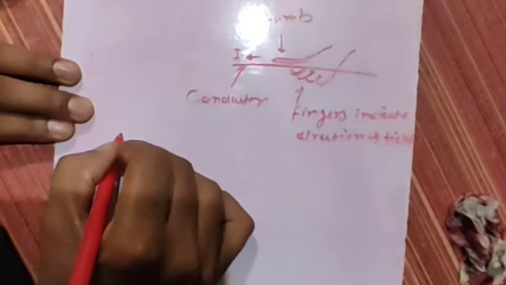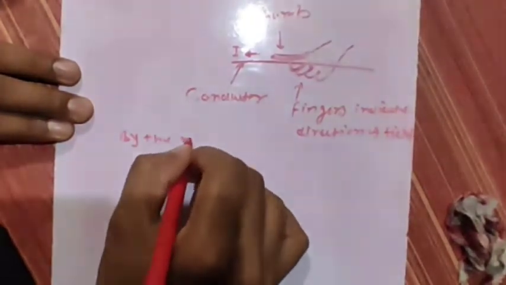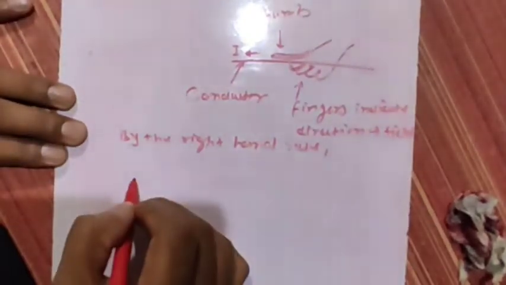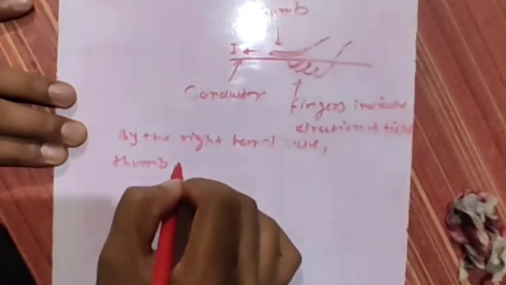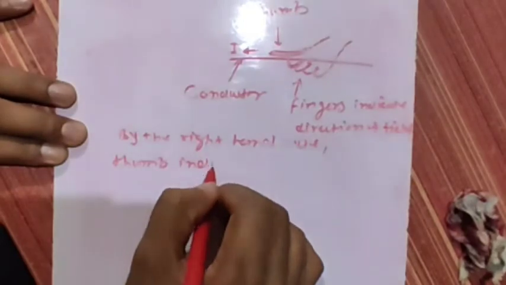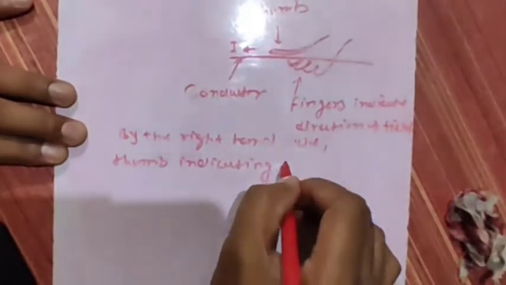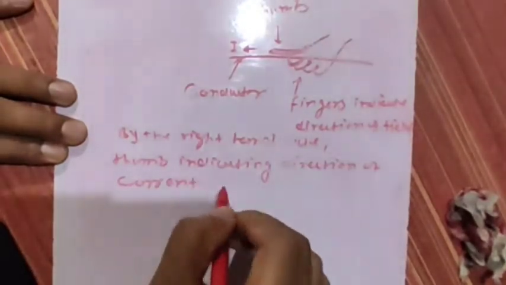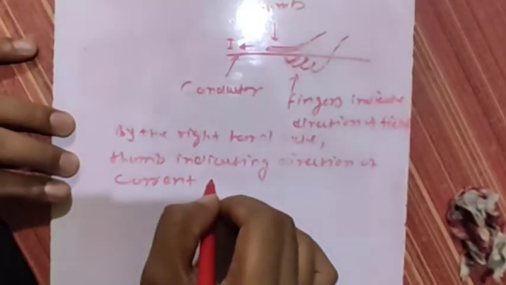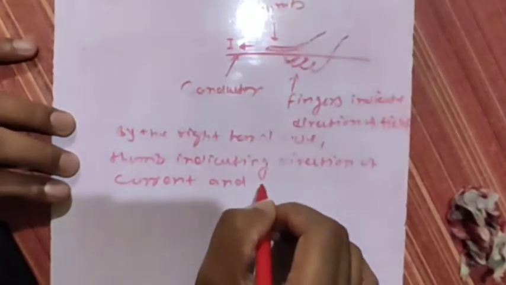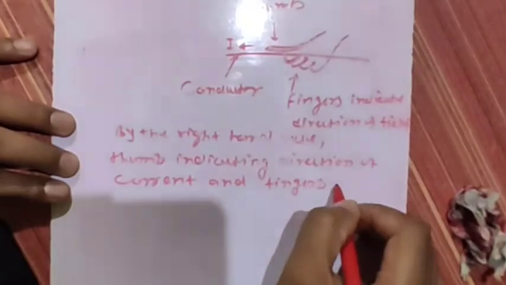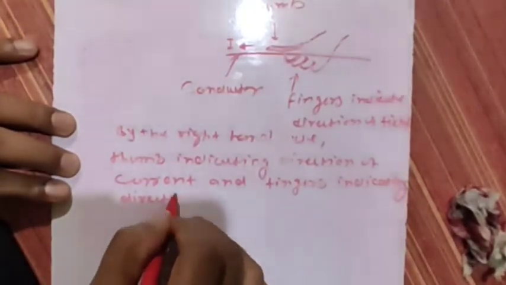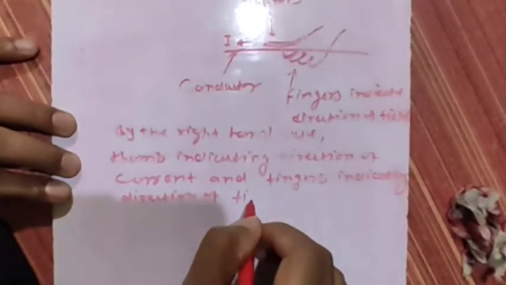By the right hand rule, the thumb indicates the direction of current and the fingers indicate the direction of field.